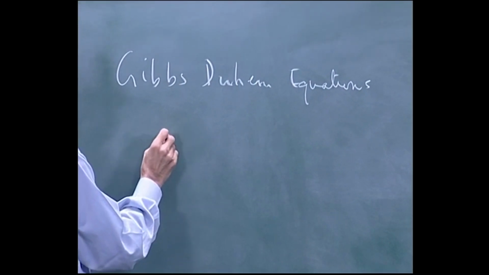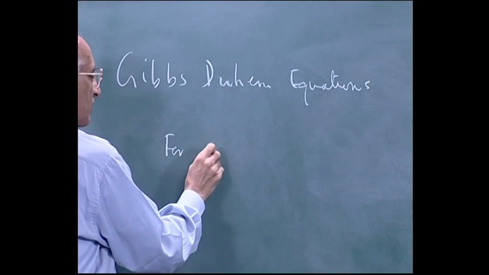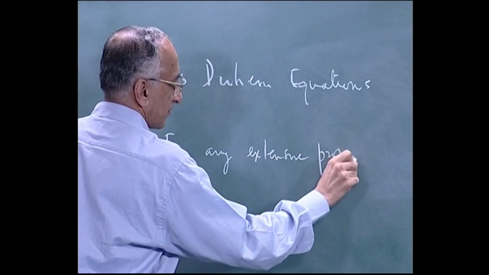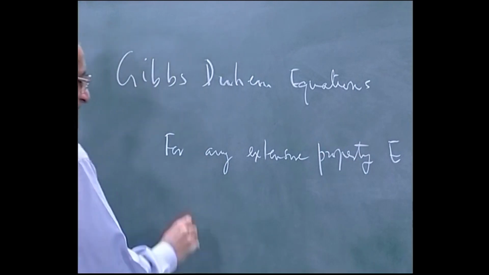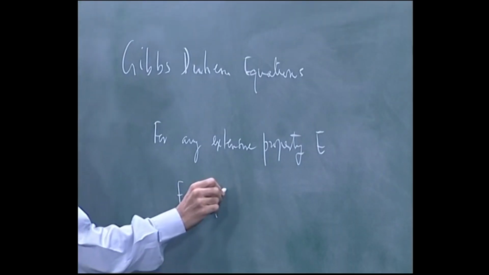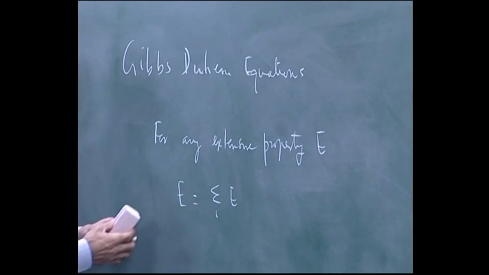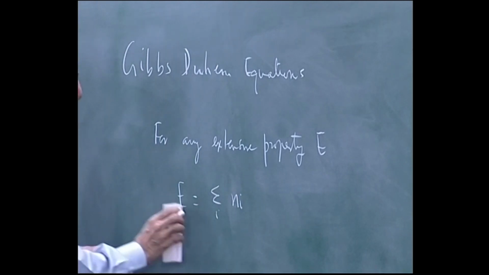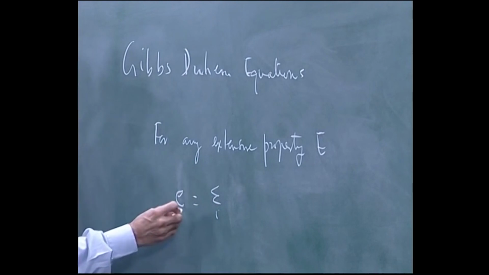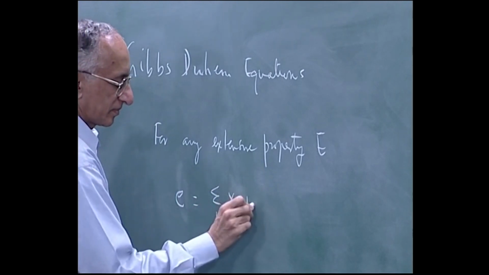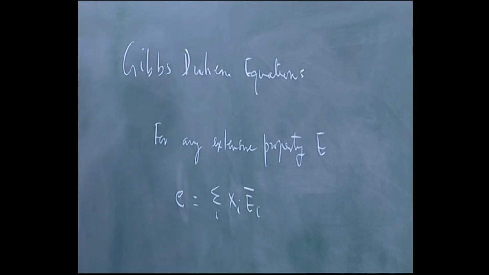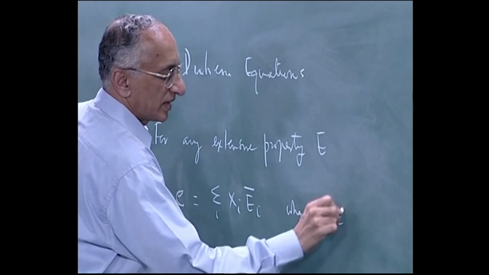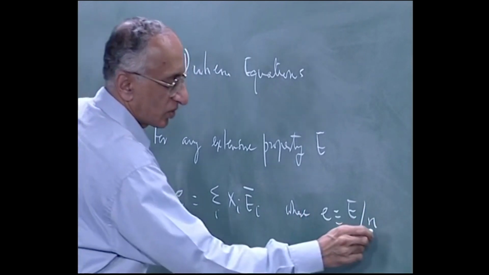What we have seen is, for any extensive property, I think I will write everything in terms of specific properties, sorry. Okay, where E is identically capital E by N, by the total number of moles.